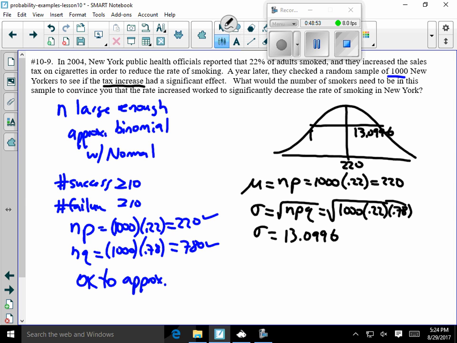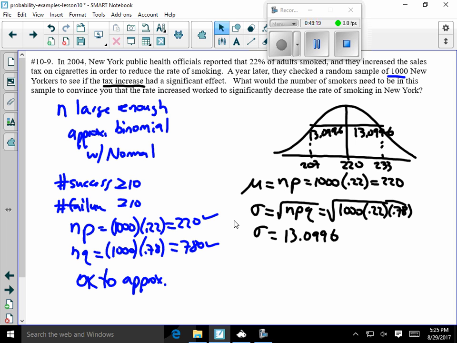If I just take 220 and add 13, this spot here would be roughly 233, and 220 minus 13 would be 207. So there's a big chance of having between 207 and 233 smokers in that group. Once we start deviating beyond those values, it becomes less and less likely.